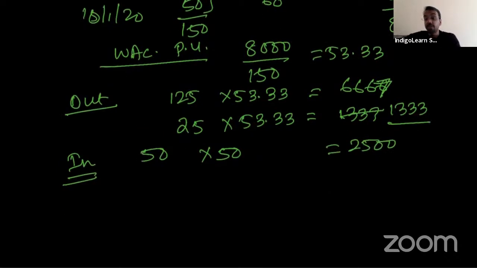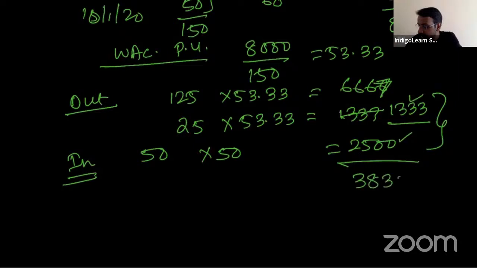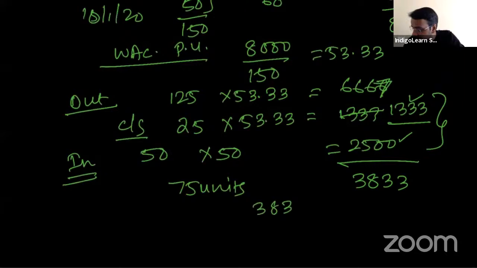Now how much is the value? 2500. Now again you will compute a revised rate by considering these two. So 2500 plus 1333, 3833, and here you have 75 units. This was closing stock. 3833 divided by 75 becomes 51.10.